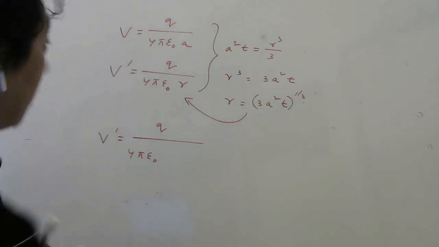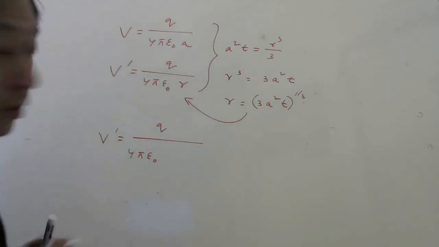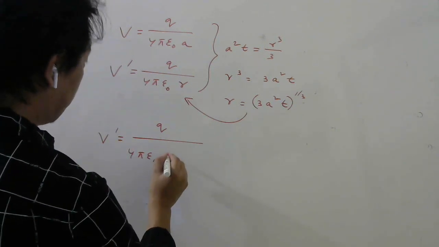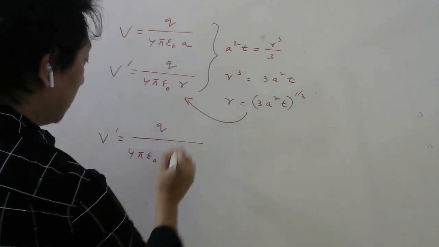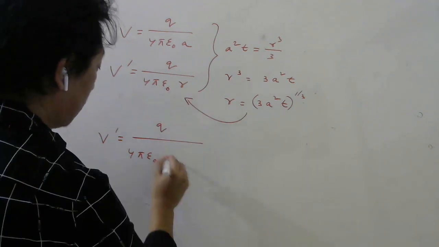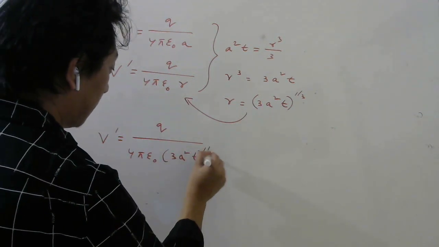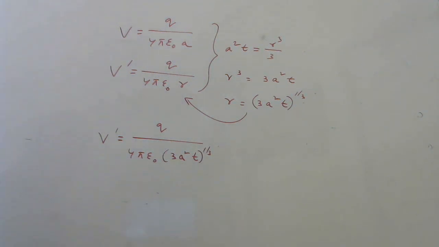So we need to bring that V also. If I substitute this R here, what will I get? See, (3a square T) power 1 by 3. Yes or no? Okay.